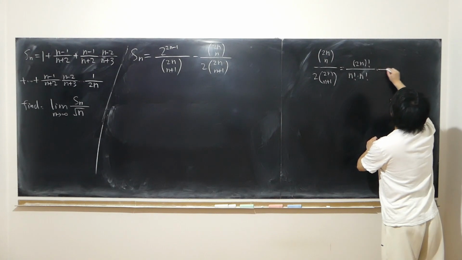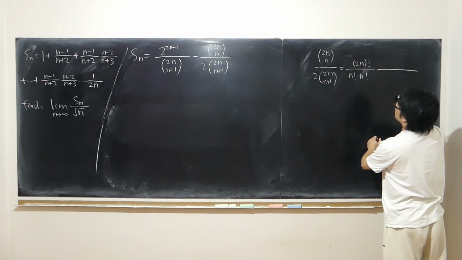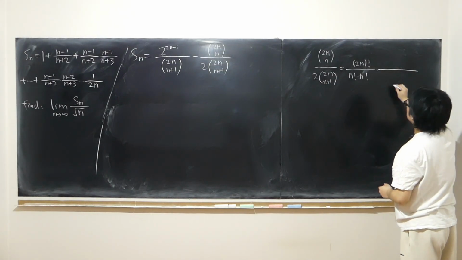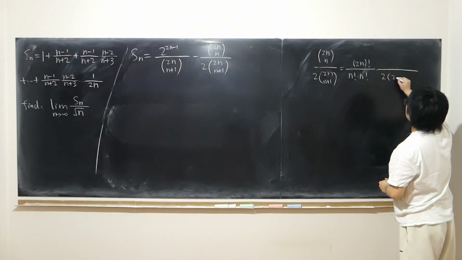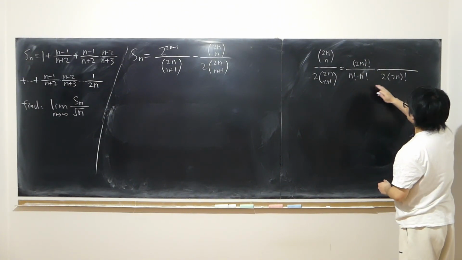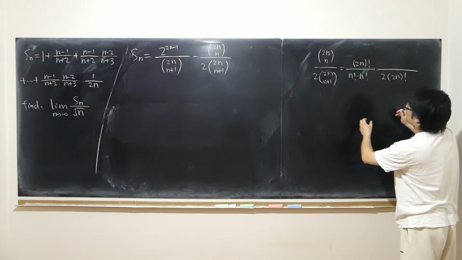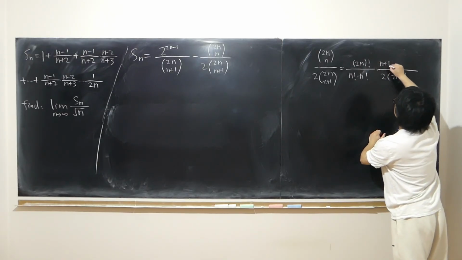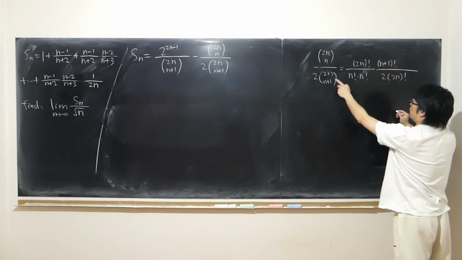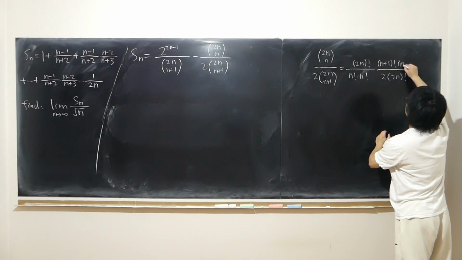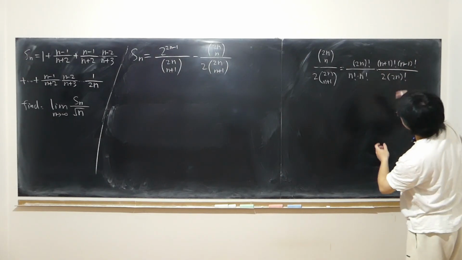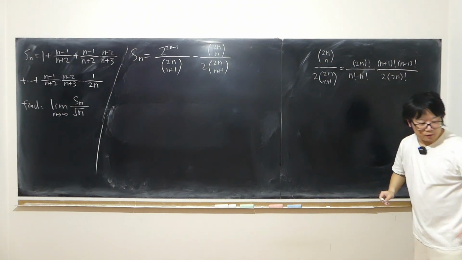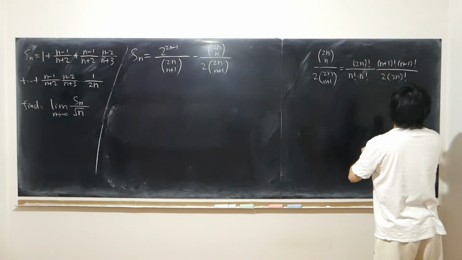So first of all, 2 times 2n factorial. I just flip the bottom up. I'm supposed to have n plus 1 factorial. So this minus this factorial, it's flipped. So 2n factorial, they can cancel.